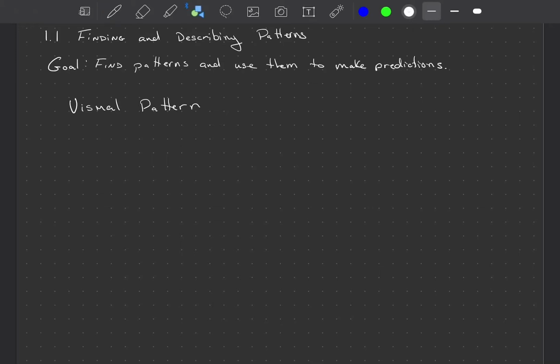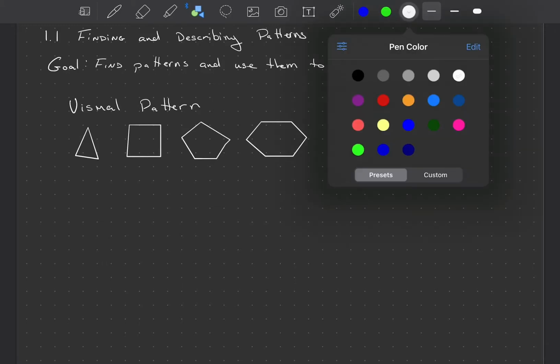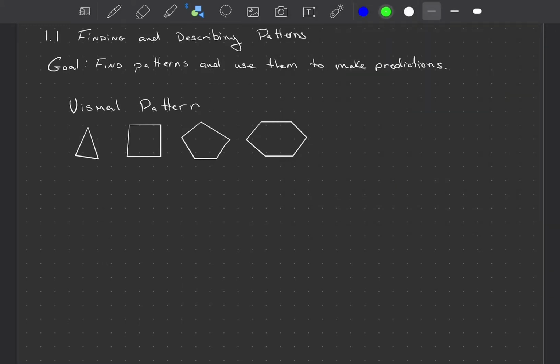So if we start off and we have a triangle, and then a square, and then a pentagon, and then a hexagon. So there's our pattern. And so if we went in to look at this and want to describe what's going on here, we're going to describe this.